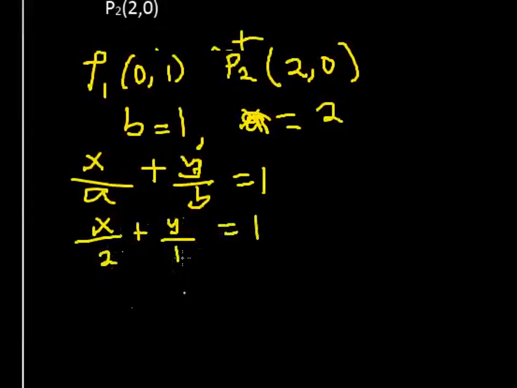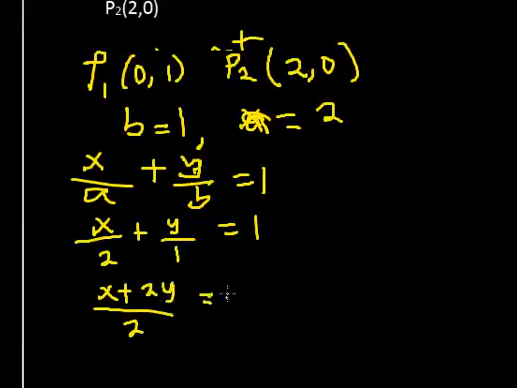You can use LCM if you wish to. The LCM is 2. 2 divided by 2 is 1, 1 times x gives me x, plus 2 divided by 1 is 2, 2 times y gives me 2y.